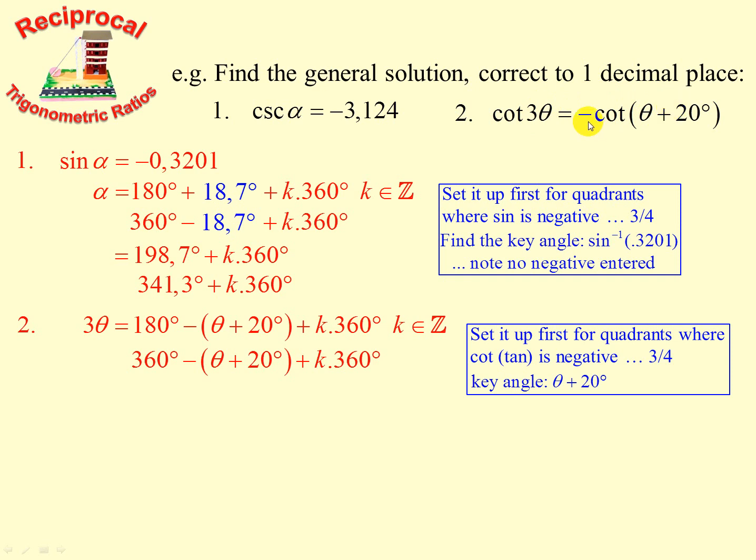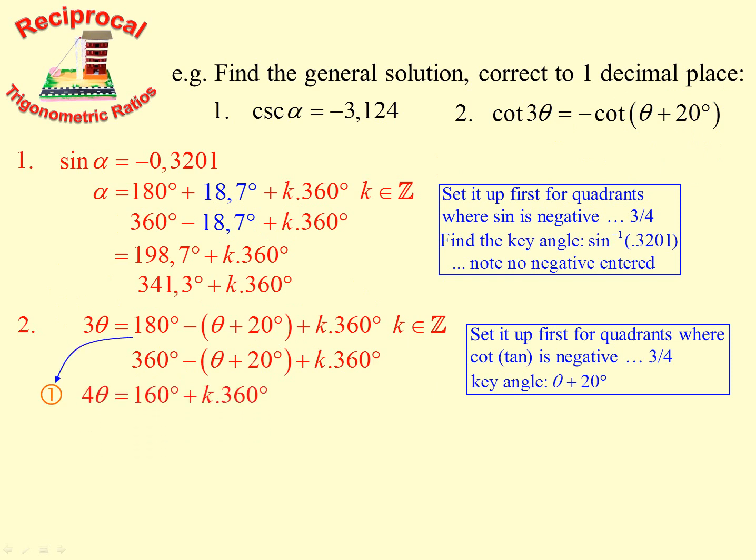But of course there's a negative, so therefore it brings a bit of a twist into it, allowing for quadrants. Cot equals a negative value, well, that being second and fourth quadrants, 180 minus, 360 minus, and then there's the 3 theta. There is your key angle, so we can slot that straight in as the key angle there.